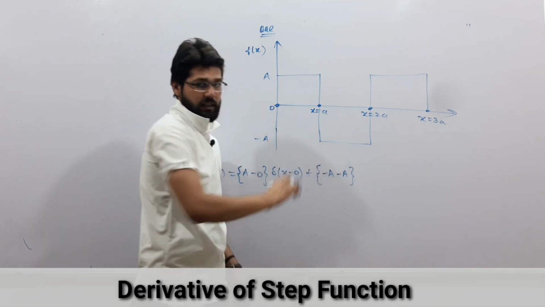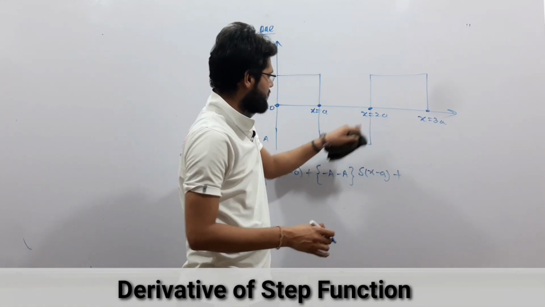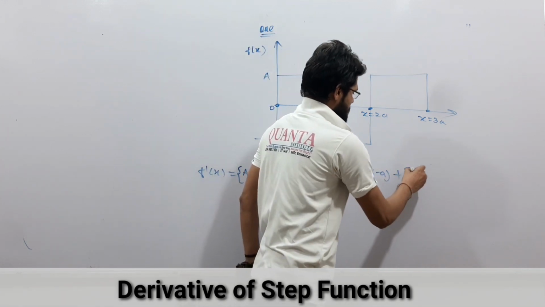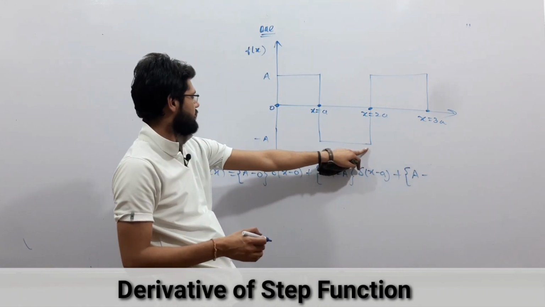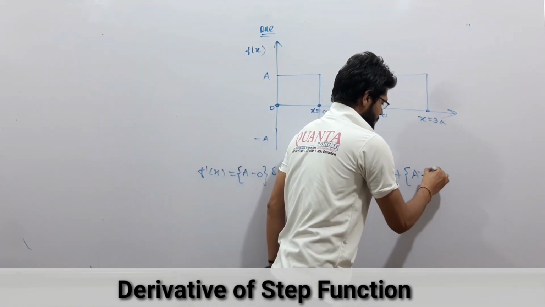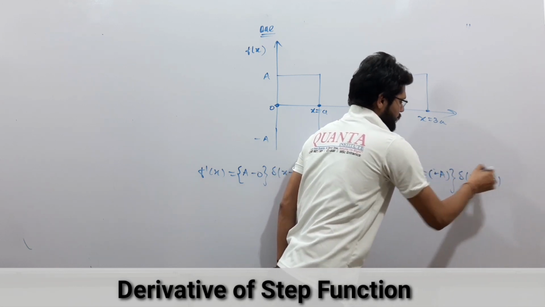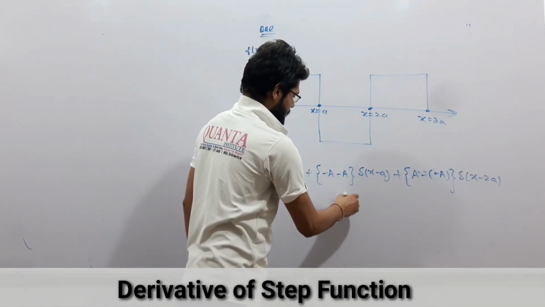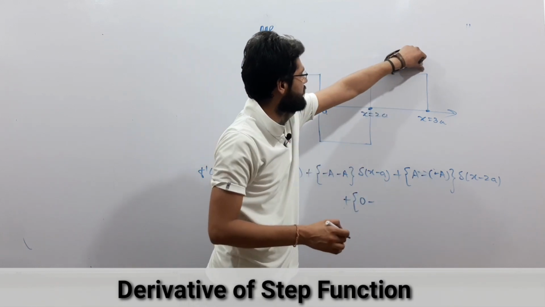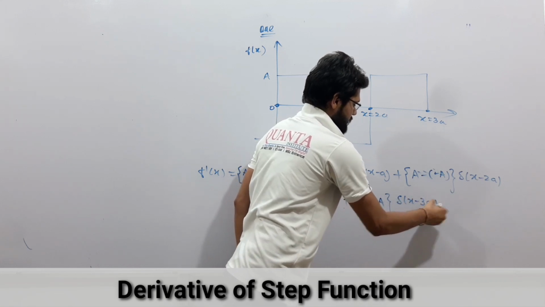So final minus initial, and delta of x minus a, plus at x equal to 2a, what will it be? The final value is plus a, minus the initial value, minus of a, so it will be plus a, and delta of x minus 2a, and plus, here the final value is 0 minus the initial value, which is a, and delta of x minus 3a.